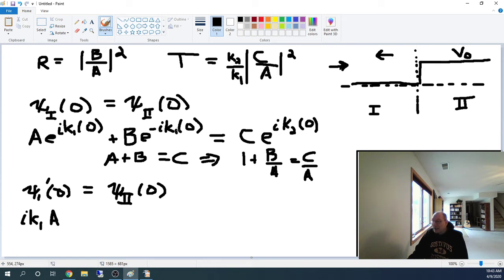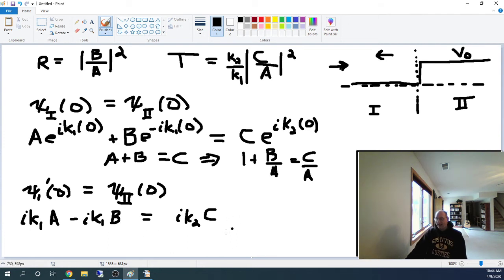This one has negative i k1 x in the exponent, so I would get minus i k1 times B, because when you evaluate that part of the derivative at x = 0, you get your 1. And then for this one I get i k2 from differentiation of the exponent, times C, again evaluated at x = 0, where you get 1 there. All right, so this is the other expression.